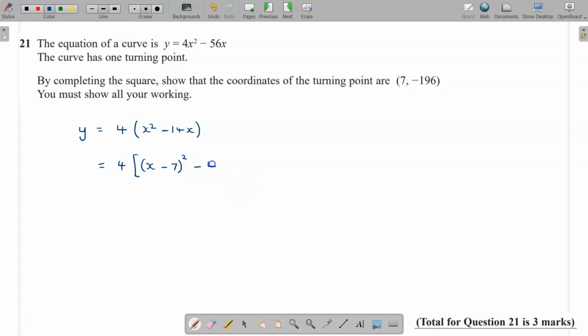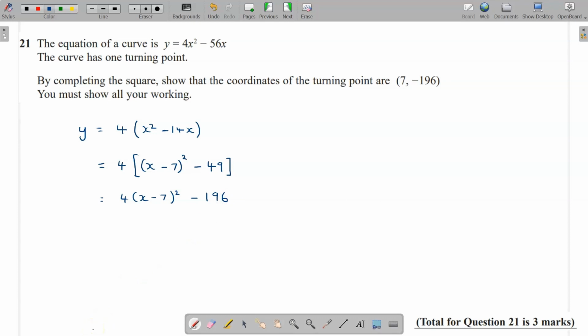So I need to take away 49, you see. Okay, and then I've just got to multiply that back out again to give me 4x minus 7 squared. Okay, and then I've got to take away 4 times 49, which is 196.